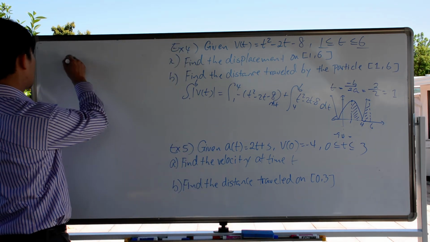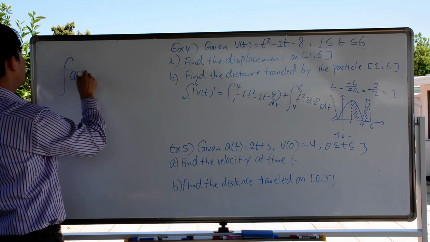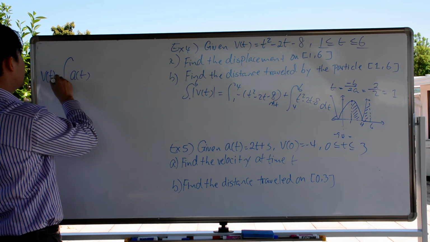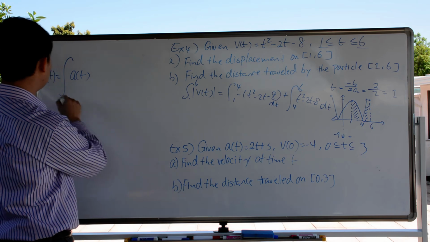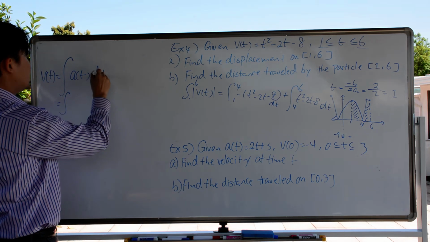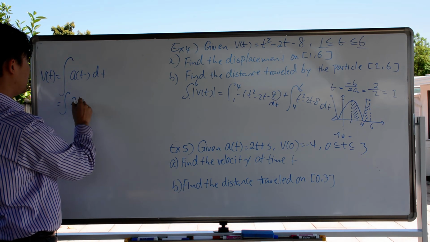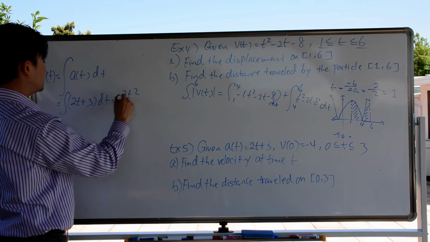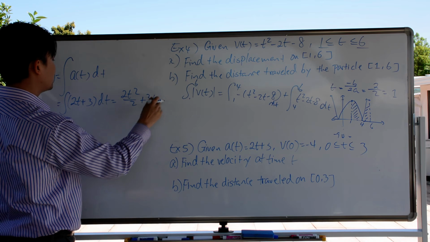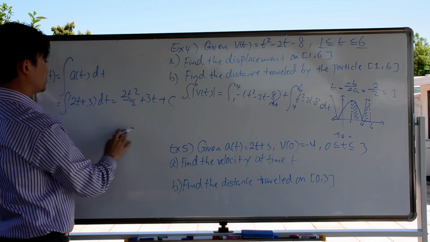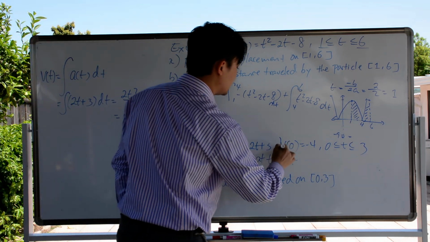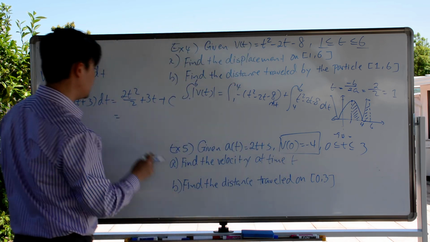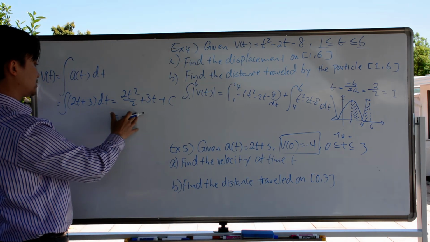Okay, so now take a look at that. To find the velocity of the particle, you want to integrate a of t dt. So 2t plus 3 times dt. We got 2t squared over 2 plus 3t plus constant c. One thing that we notice, v of 0 is negative 4, so we need to plug in a number back into the velocity.